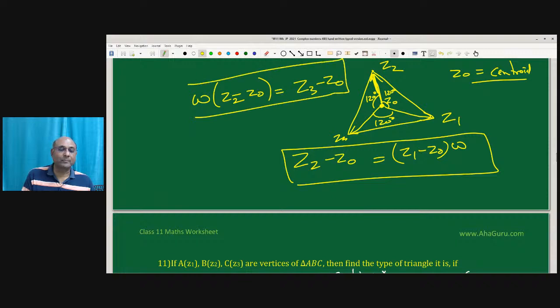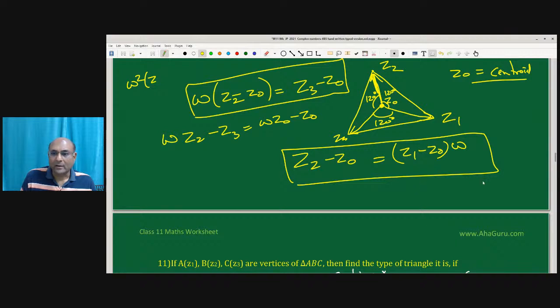I remember now. Okay, so if I now take everything together, omega Z2 minus Z3 is omega Z0 minus Z0. Similarly, I can do omega square. So let me rewrite this as omega square Z1 minus Z0.